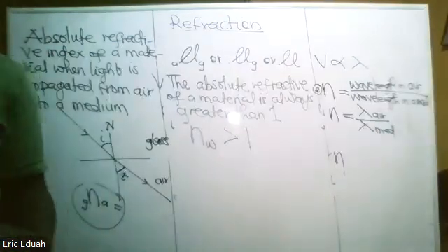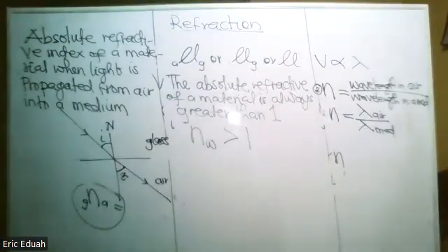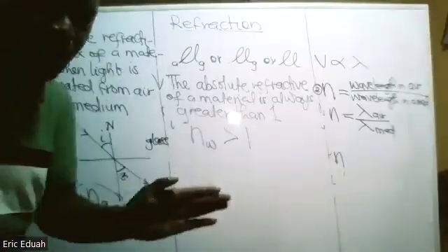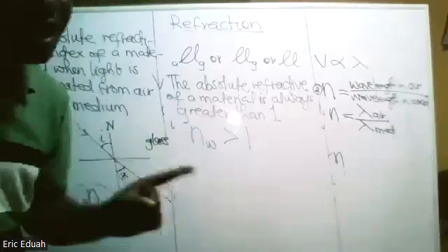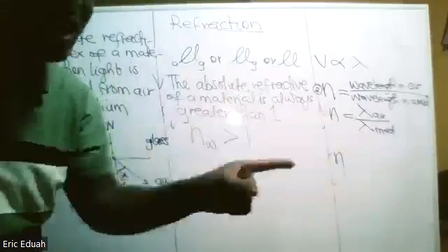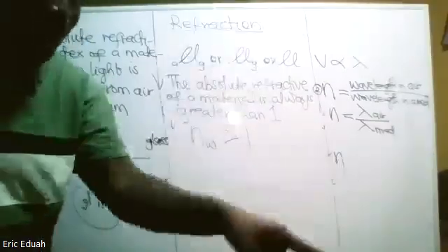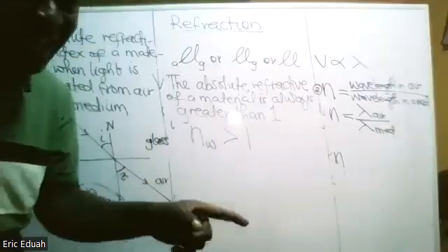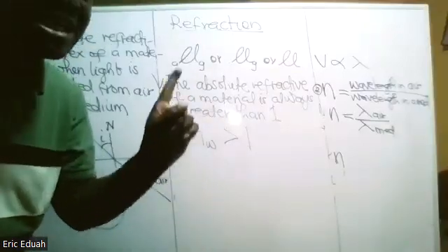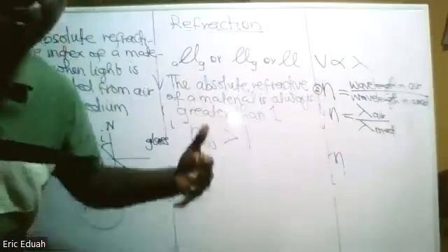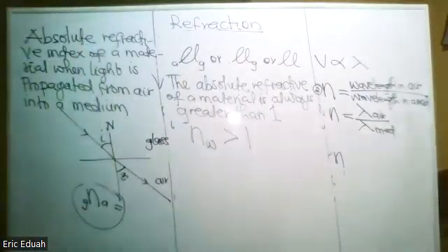Yes, please. We are talking about light entering one medium from another. So the wavelength of light in air is greater than the wavelength of light in another medium. Meaning that the speed of light in air must also be greater than the speed of light in another medium, because wavelength and speed move hand in hand. They move together. Are you okay?